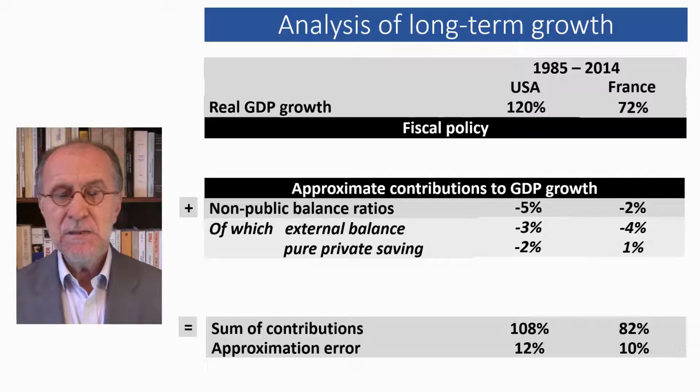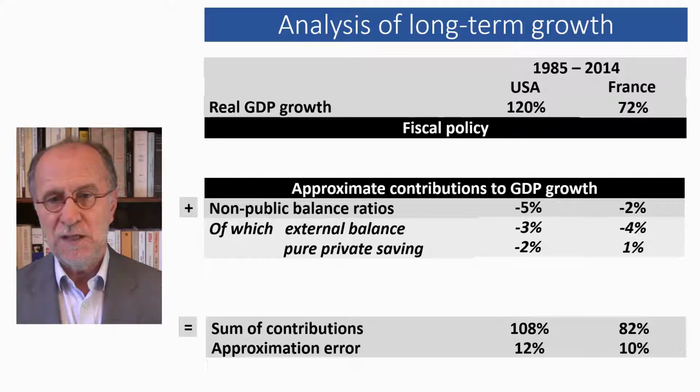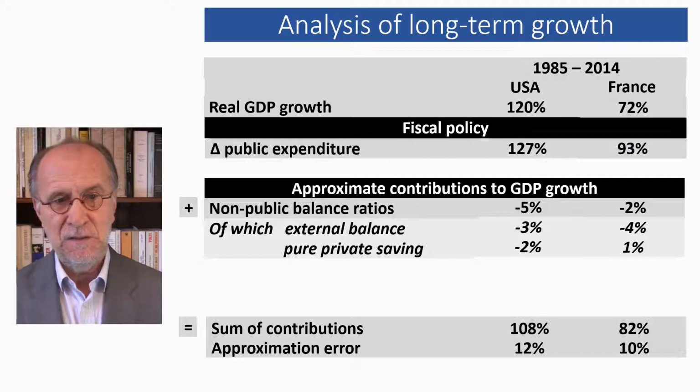Surprising as it may seem, US growth was stronger than French growth, mainly because US public expenditure outgrew French public expenditure, plus 127% versus plus 93%. Since in both countries most of the growth was driven by the additional public expenditure.